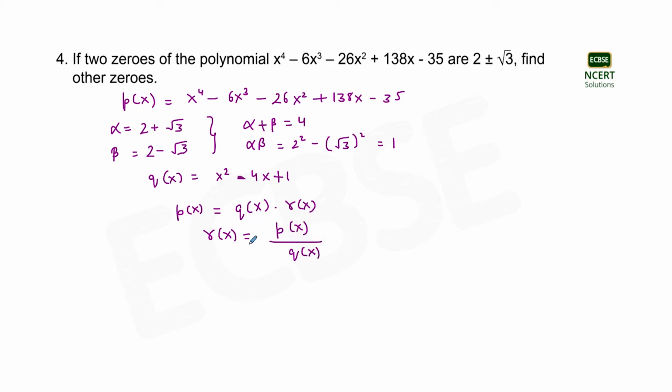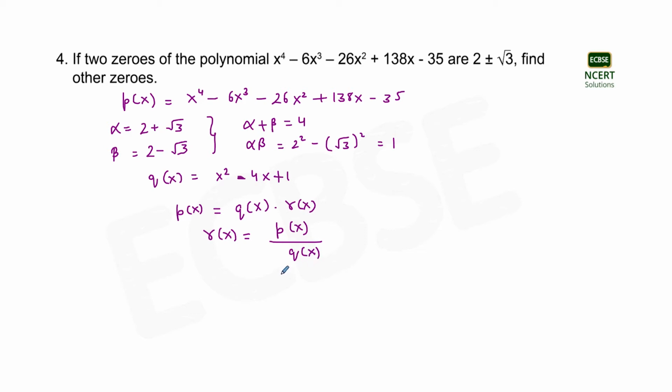This means we have to divide the polynomial whose highest power is 4, as given in the question, by the quadratic polynomial we found using the two zeros of p(x). To divide p(x) by q(x), we will use the long division method.